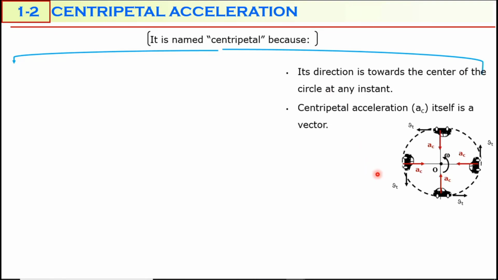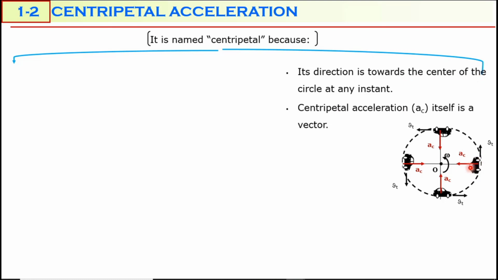Now I will draw the picture. This is the picture of centripetal acceleration. As you see, the car is moving on a circular path with constant tangential speed. Because tangential speed is constant, there is no tangential acceleration. However, direction is continuously changing. This change in direction causes an acceleration which is known as centripetal acceleration, and its direction is always towards the center of the circle.